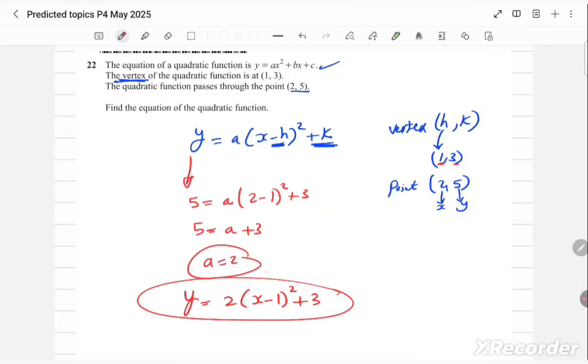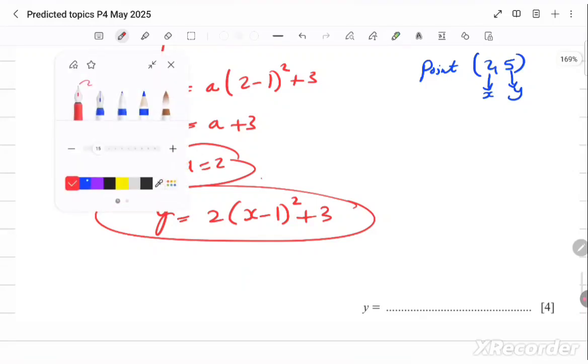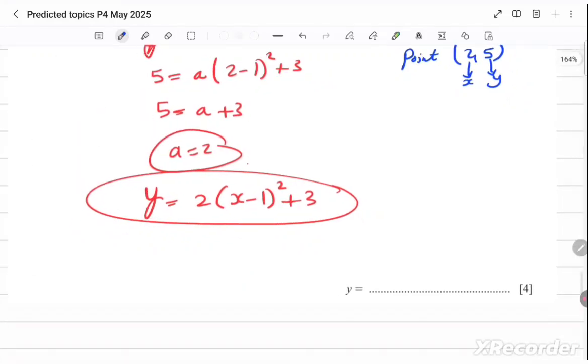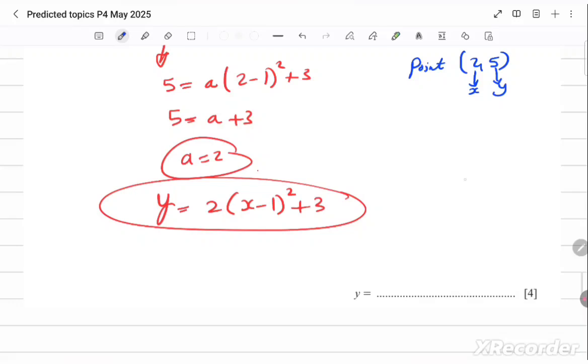You may expand this equation to make it in this form. Okay, so let's do that. In expansion, if you want to do it quickly, if we have (a plus b) squared and you want to expand it, it will be a squared plus 2ab plus b squared.